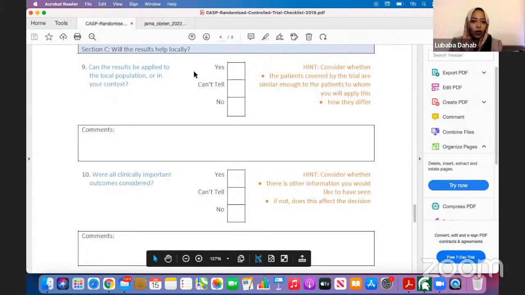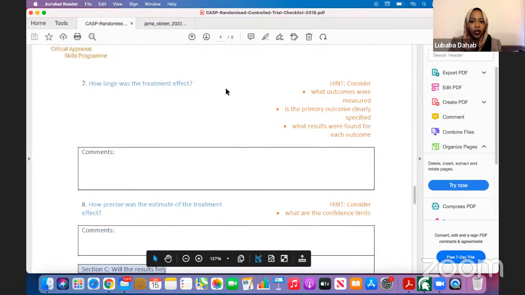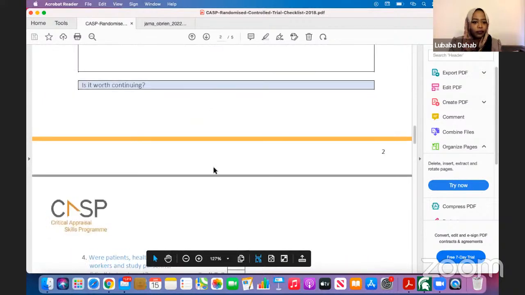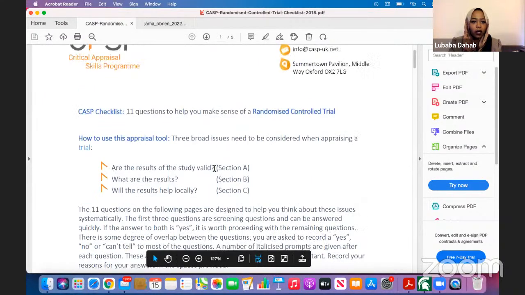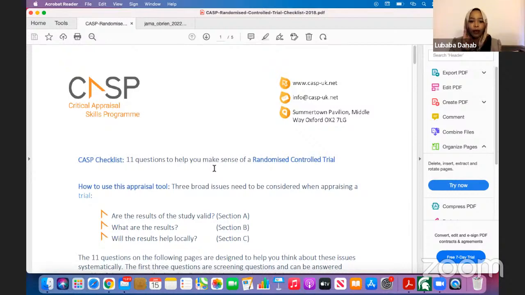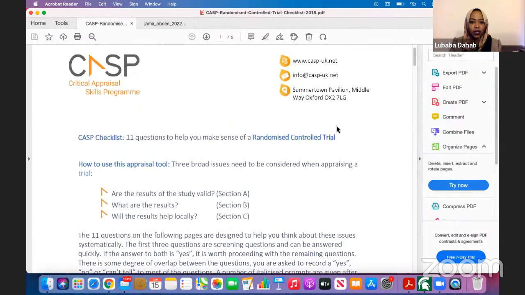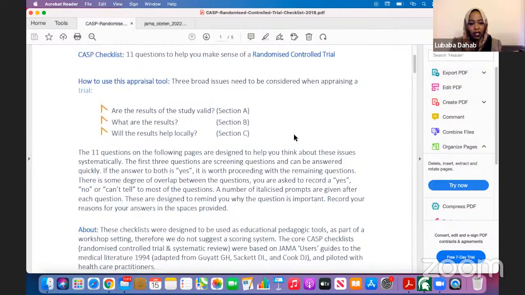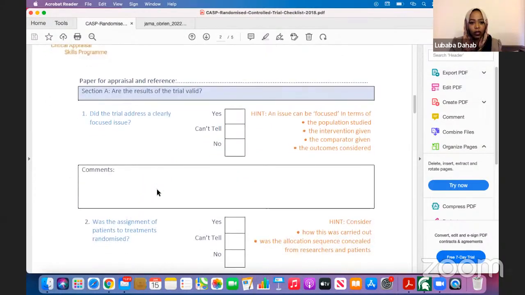Okay, so this is the checklist that I'm talking about, the Critical Appraisal Skills Program. As I mentioned, there are checklists for the other different kinds of studies and research. For example, this one is for randomized controlled trials. It has 11 questions that you will use to assess the article or study you're going to evaluate.